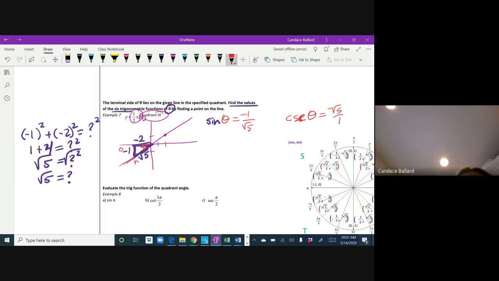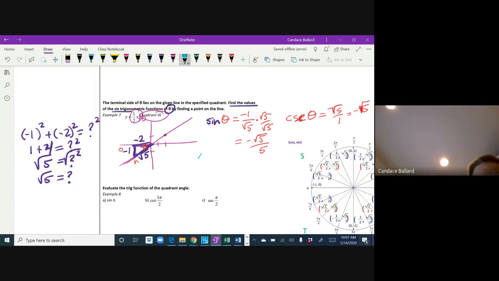That way I don't lose that reciprocal, and I don't forget that I had to do the flip, and that's a negative sign in front, so it's really just negative. Square root of 5. So I'm going to rationalize this, and we told you at the beginning of the unit you're going to have to do this a million zillion times. So square root of 5 times square root of 5 is 5. All right, so that's sine.